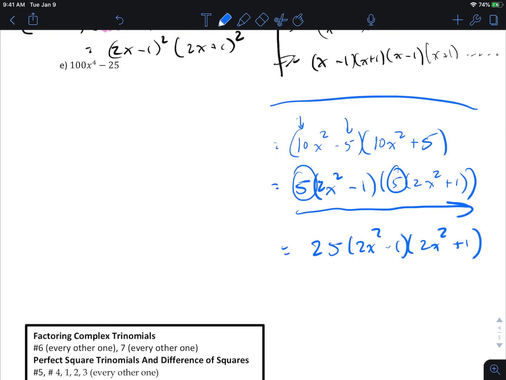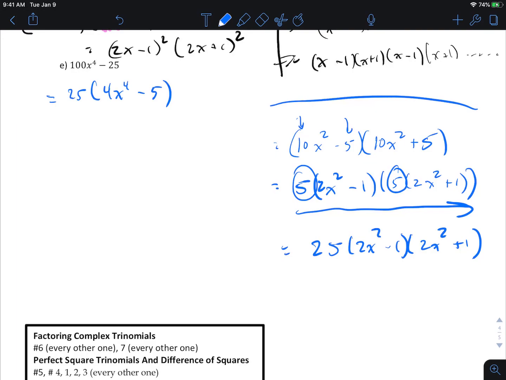What did I say to do always first? Always, what do you do first? See if we can go lower. I would say, right from the get-go, I would have taken 25 out, with the minus 5 up front.